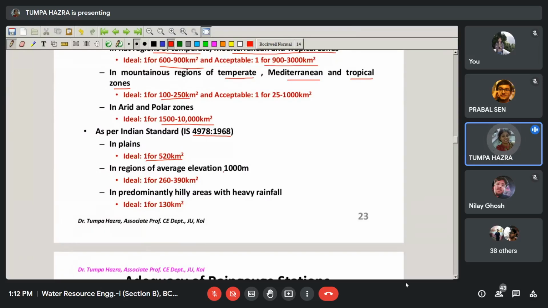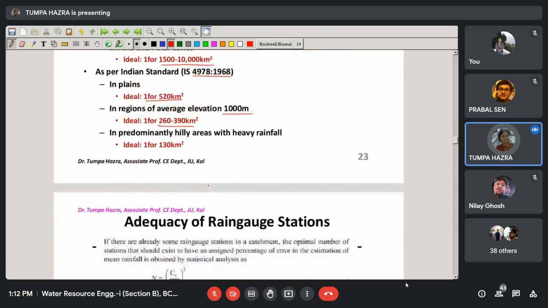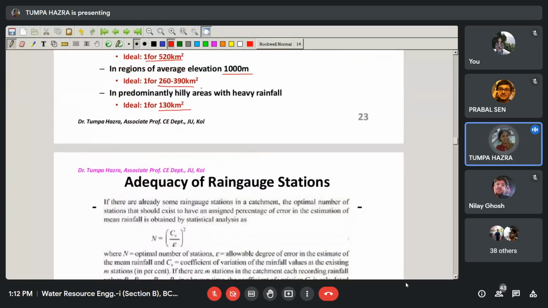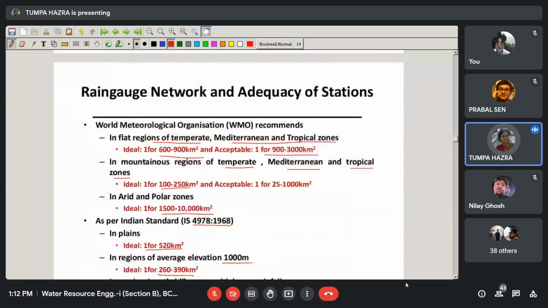In a region of average elevation 1000 meter, it is 260 to 390 square kilometer, and for hilly area with heavy rainfall, it is 1 for 130 square kilometer. It is the recommendation of the World Meteorological Organization and the Indian government.